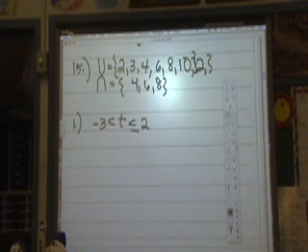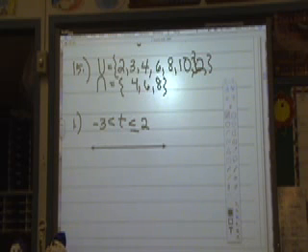What kind of circle at -3? Maria? Open. Be sure to indicate your numbers. And what kind of circle at 2? Closed. And then do what? Shade between.